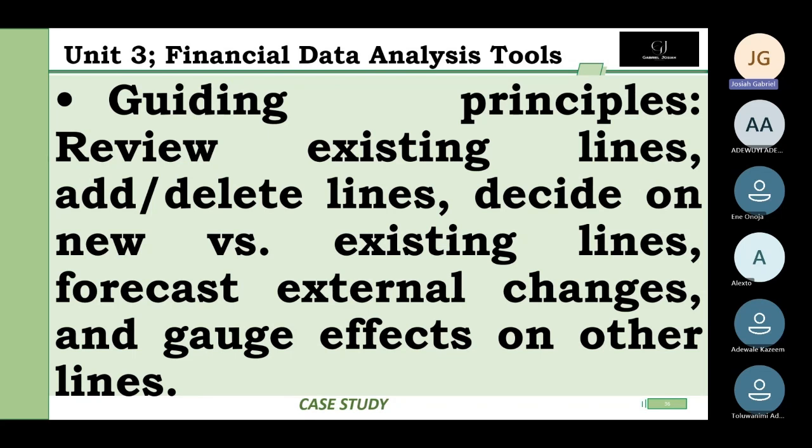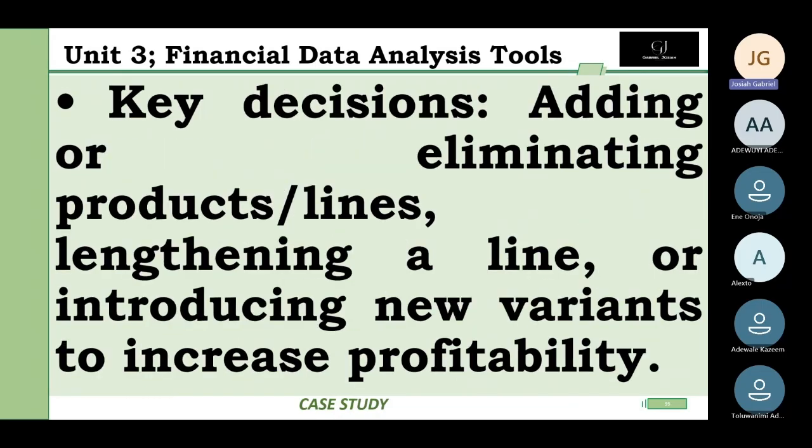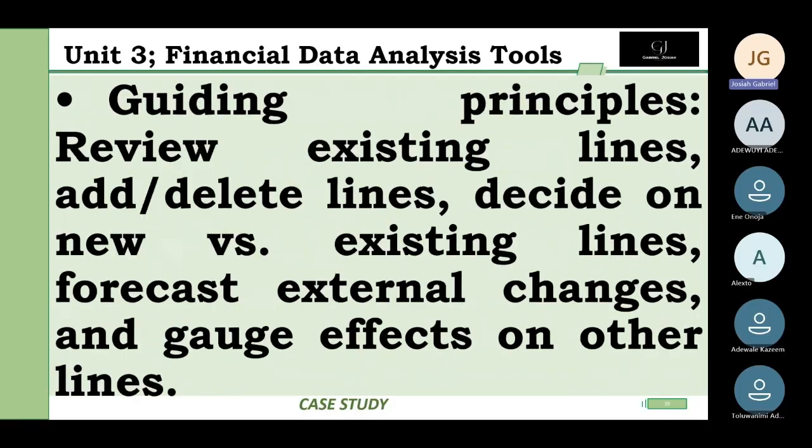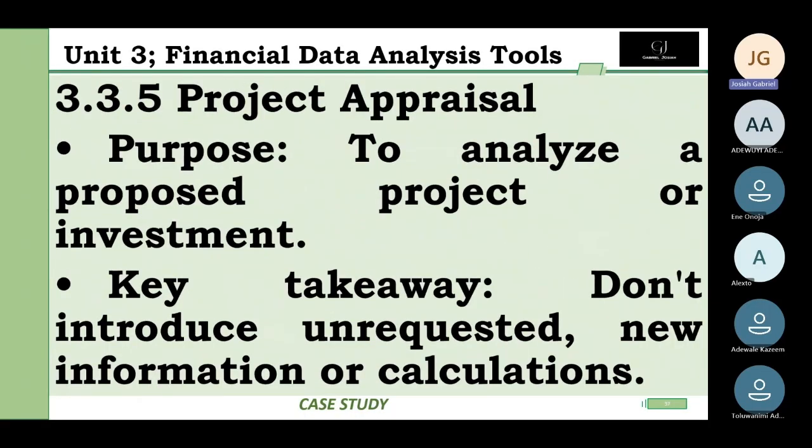So the guiding principles in adding, deleting, updating, and forecasting external changes help keep products viable in the market. Very important. So that's essentially about product mix and profitability decisions and the concept generally around that.